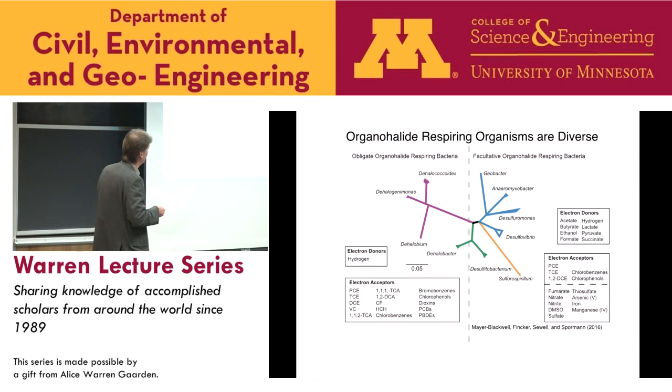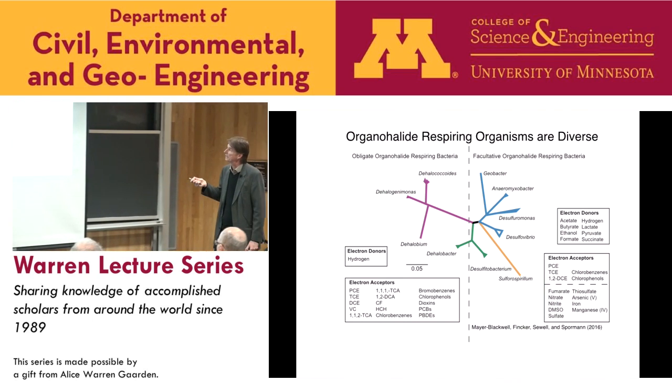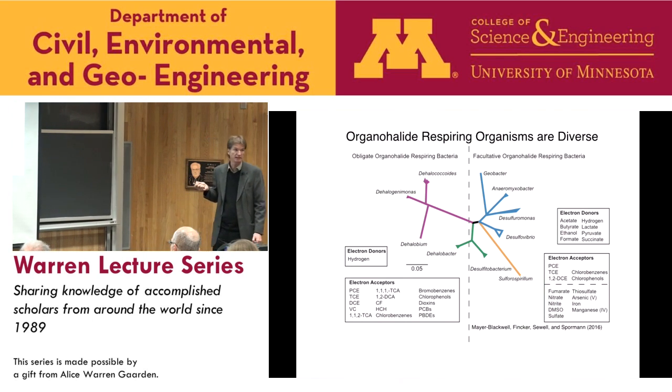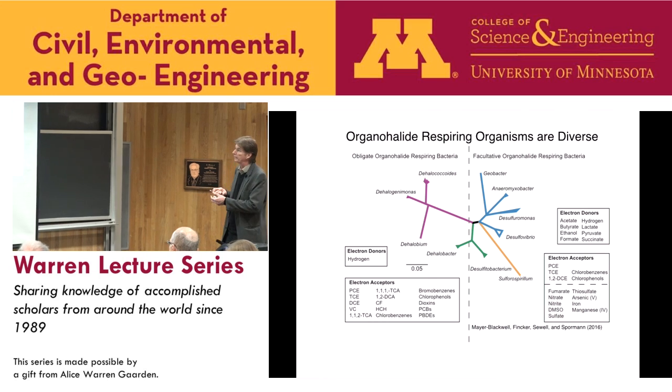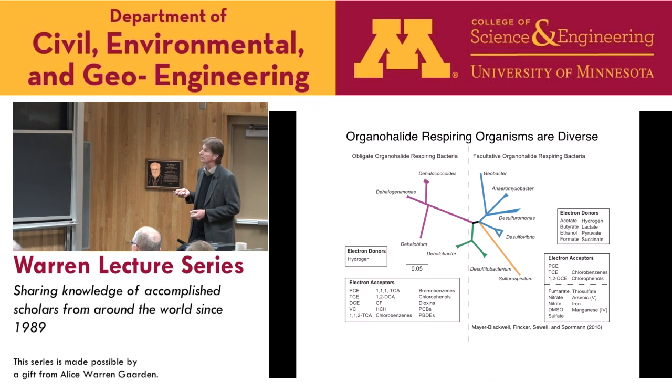It's not only the electron acceptor that is different, but also the electron donor. For example, these organisms can use acetate, hydrogen, butyrate, lactate, and so on and so forth. Whereas the Dehalococcoides type of organisms are specialized to use only hydrogen as electron donor and only chlorinated compounds as catabolic electron acceptors. So these organisms are much more niche specialized.